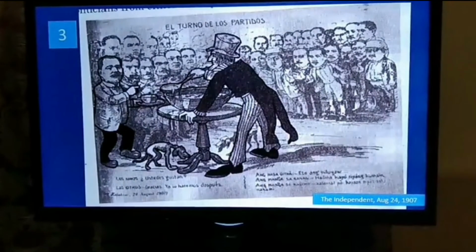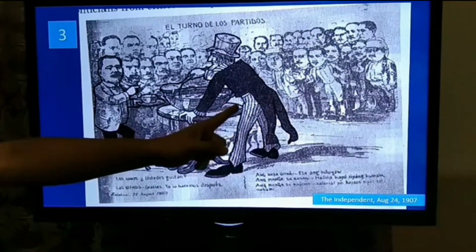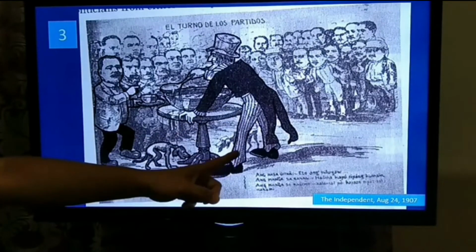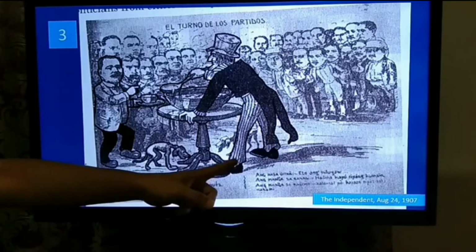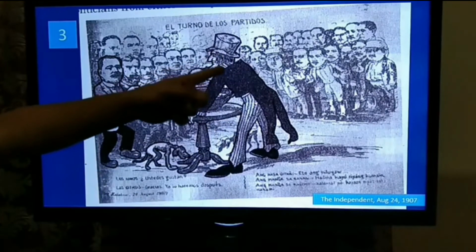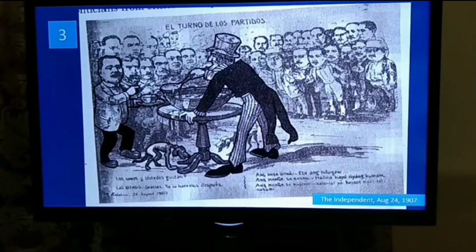Okay, so the Spanish language was still alive. Okay, here's another one that is about elections. This is 1907. You can see the date there at the bottom from the newspaper, The Independent. I know you know this man with the pants of stripes. Yes, and tuxedo, tall hat, and a beard. That is Uncle Sam.